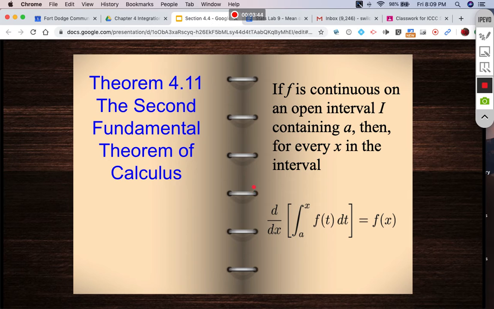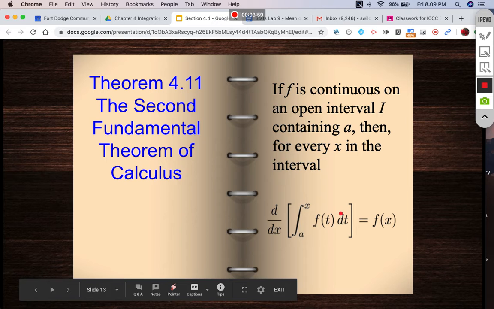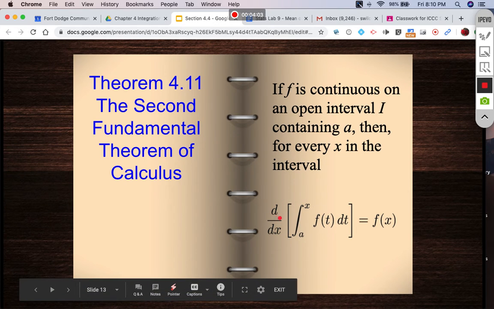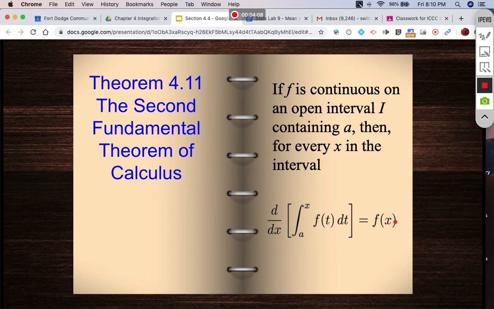So here comes the second fundamental theorem of calculus. The second fundamental theorem says if we do this integral from a to x of f of t dt, and then we take the derivative of that in terms of x, we end up with f of x.